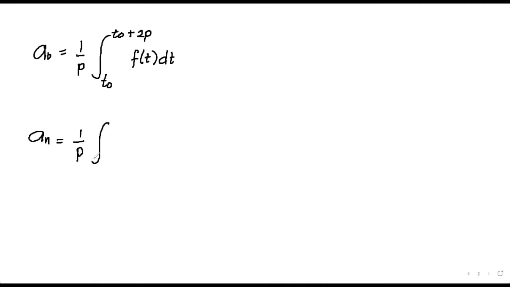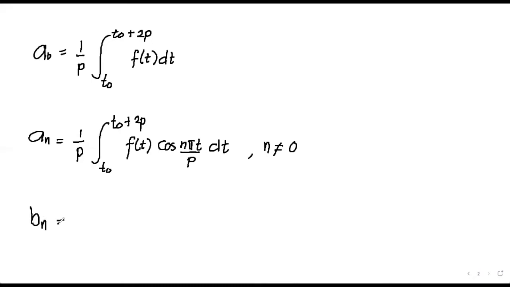A sub n is equal to 1 over p times the integral of f of t cosine of n pi t over p dt with limits from t sub 0 to t sub 0 plus 2p, where n should not be equal to 0.